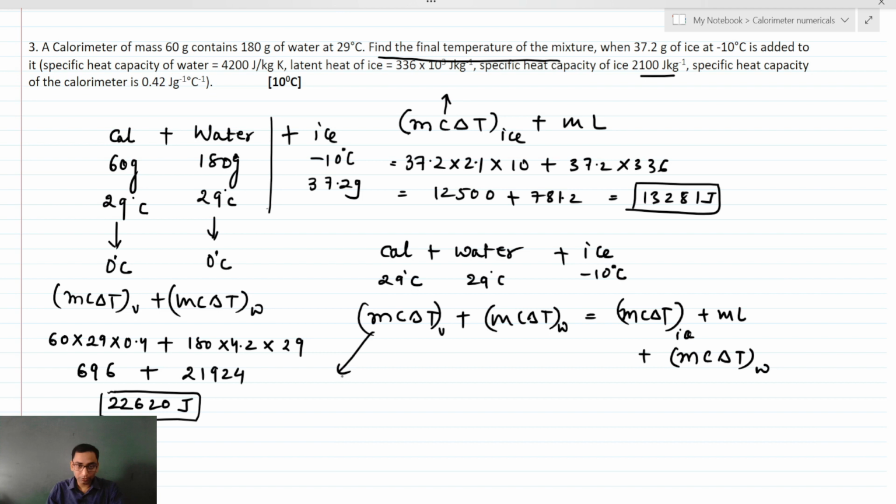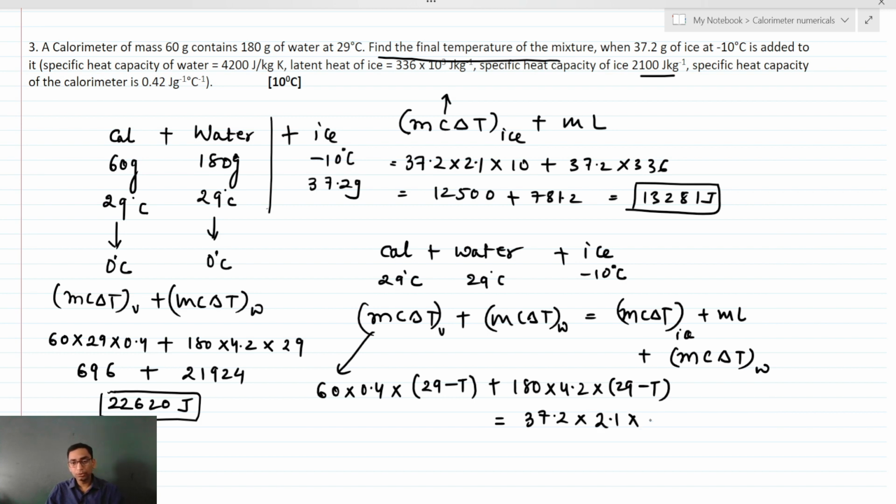So now, very carefully substituting the values, this is 60 into 0.4, that is the specific heat capacity of the vessel, and this is from 29 to T, plus this is 180 into 4.2 into 29 minus T, because the water goes again from 29 to T. M is the mass of ice, so 37.2 into the specific heat capacity of the ice, not of water, so that is 2.1 into, this is from -10 to 0, so the difference is 10.